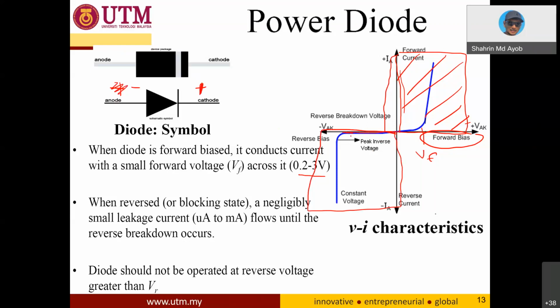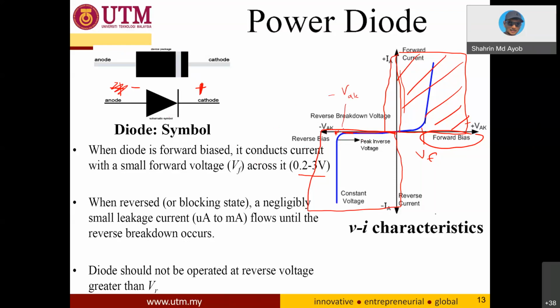But at this point of value, negative VAK, this is the maximum blocking voltage for this diode. If you increase the voltage higher than this limitation, it will break the diode.